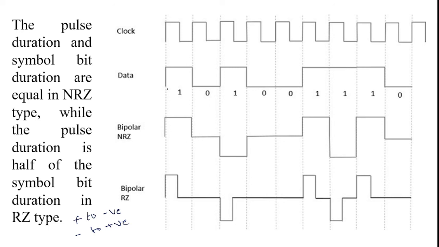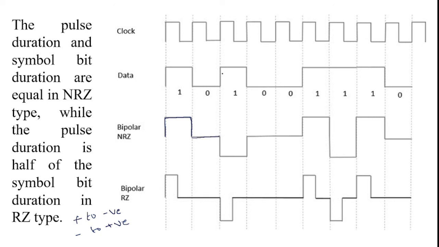Once again, this is the binary data. In binary data, high data is considered as a positive level. Here the pulse duration is equal to the symbol bit duration, and this is low data. That low data is considered as a zero voltage level.